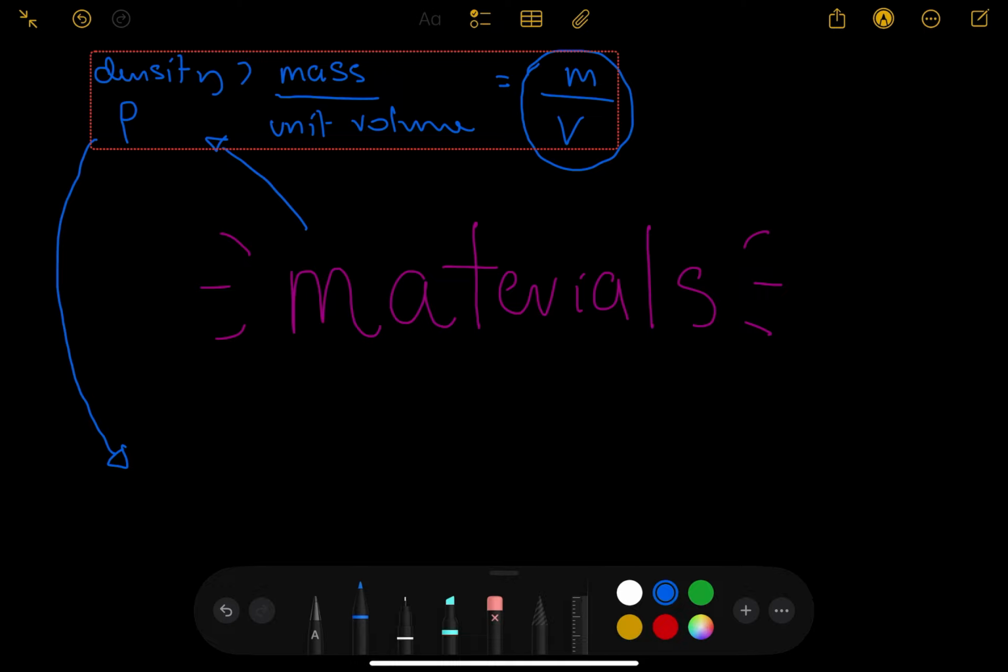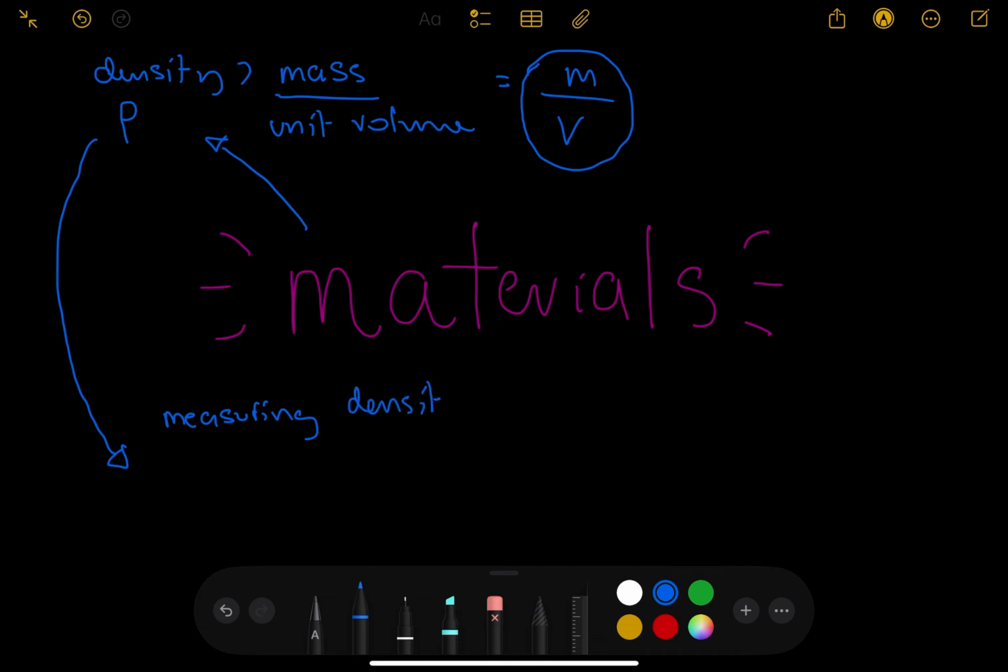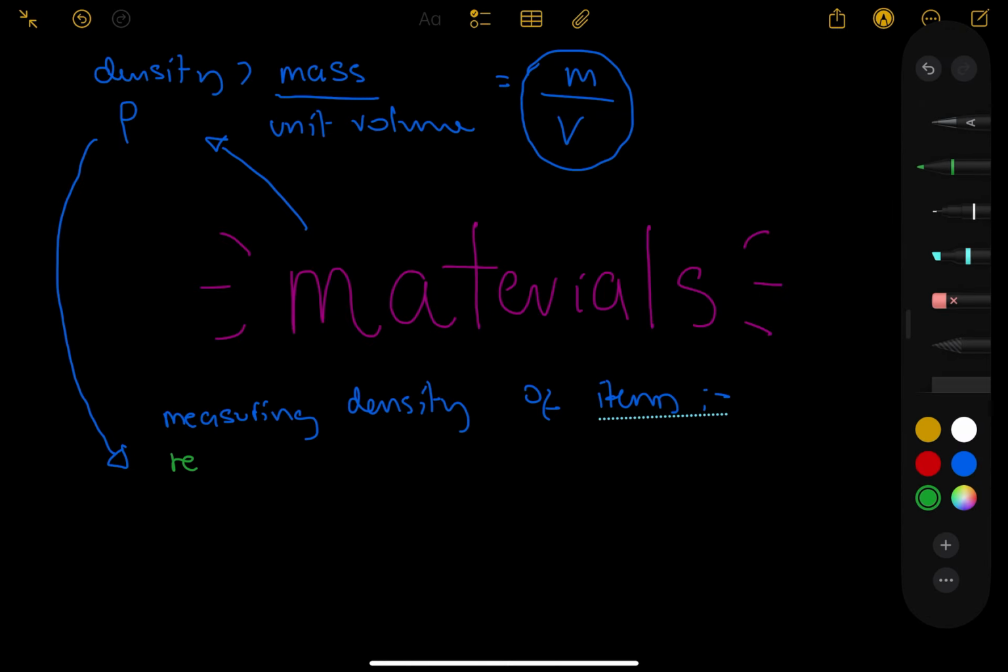So the first one, which is the easiest one, is a regular solid. First, I'm just going to give it a subheading, measuring density of items. We're going to start with a regular solid.